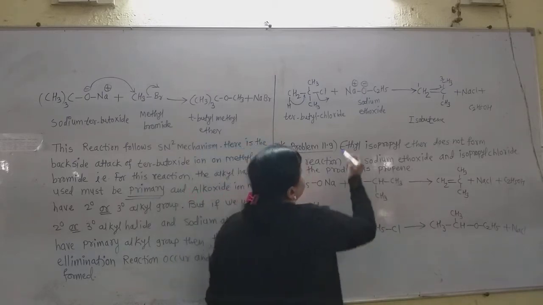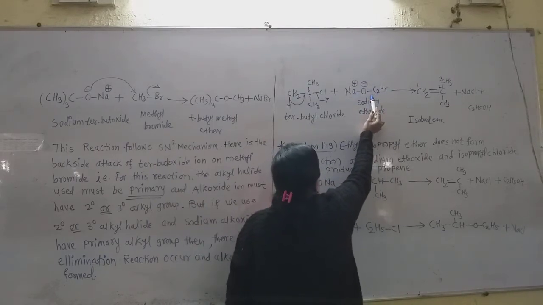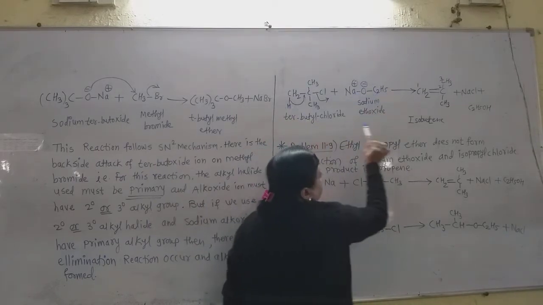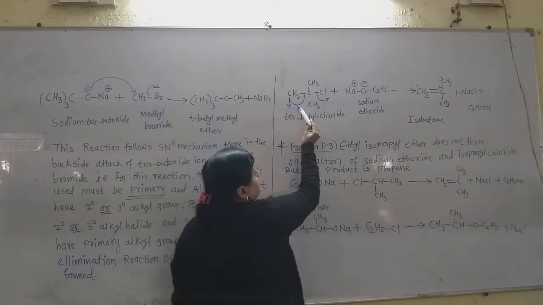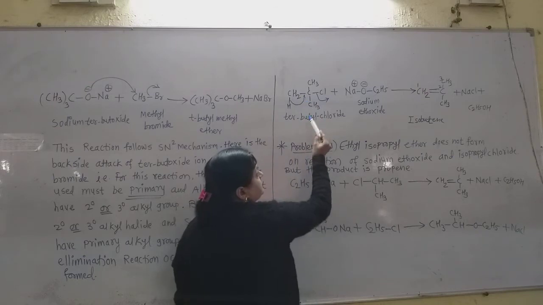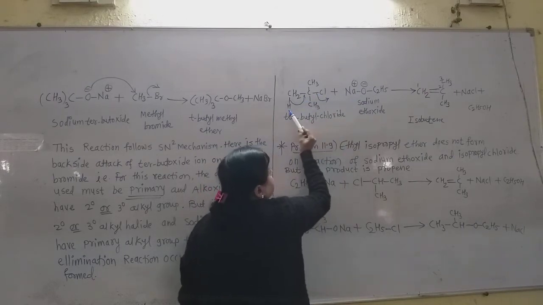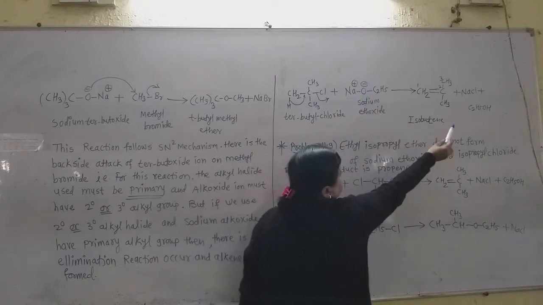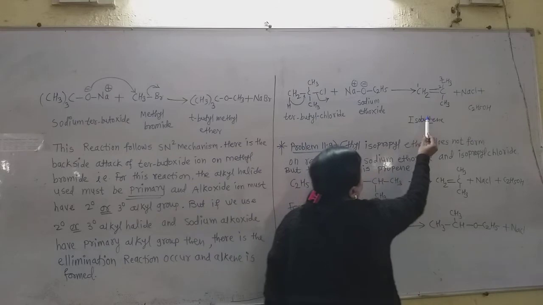And this OC2H5 reacts with this hydrogen, and C2H5OH is formed, because this hydrogen is eliminated as an H plus ion, the Cl minus ion reacts with the sodium to give NaCl, and this H gets attached here. There is formation of the byproduct alcohol and the alkene.